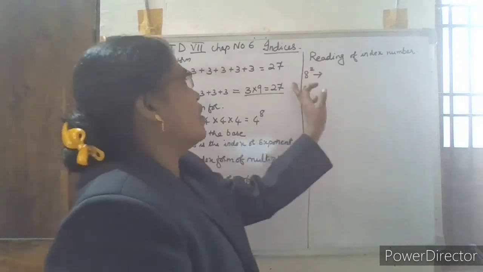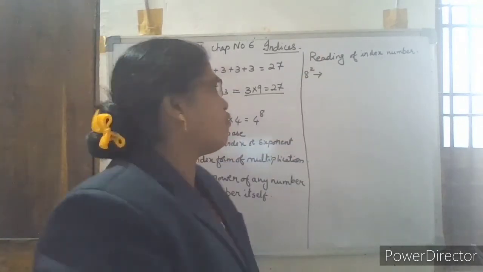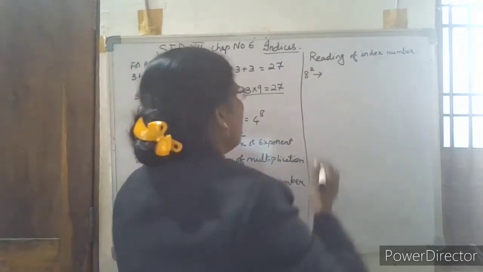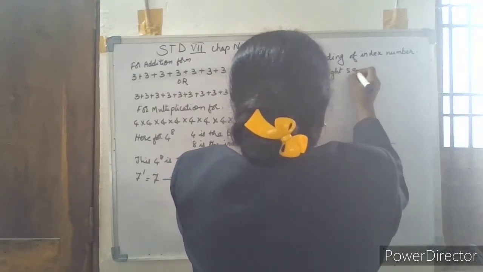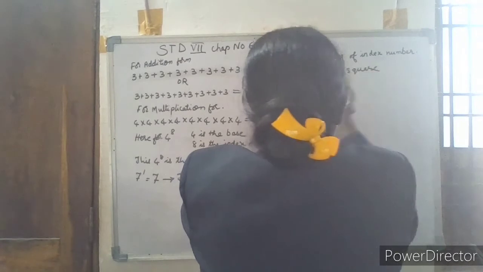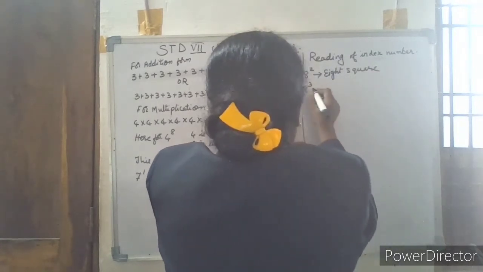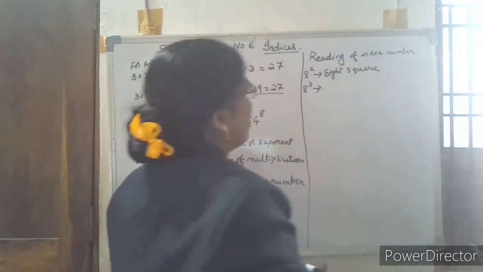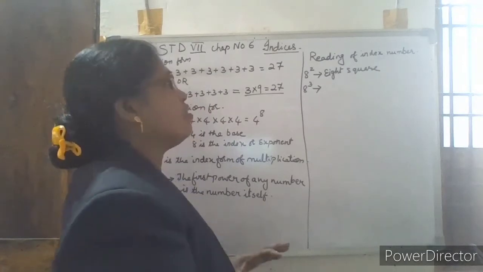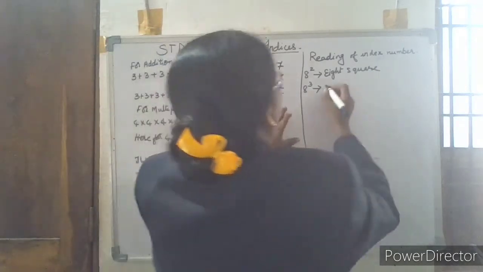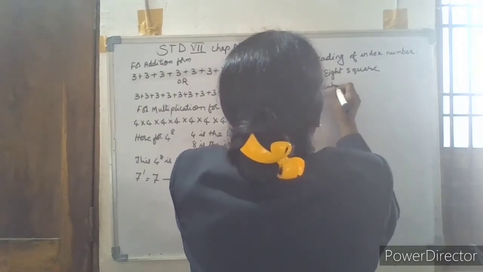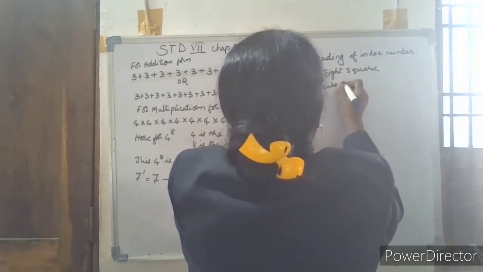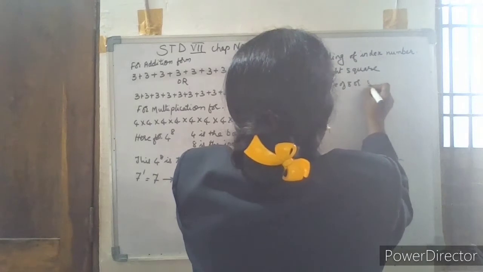This will be called 8 square. We can read it as 8 to the power of 2, but generally we read it as 8 square. If it is 8 to the power of 3, then generally this is read as cube of 8 or 8 cube. Cube of 8 or 8 cube.